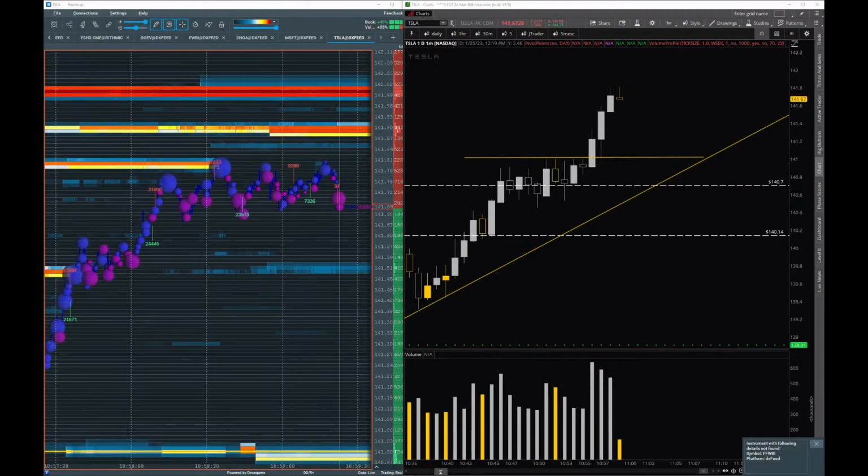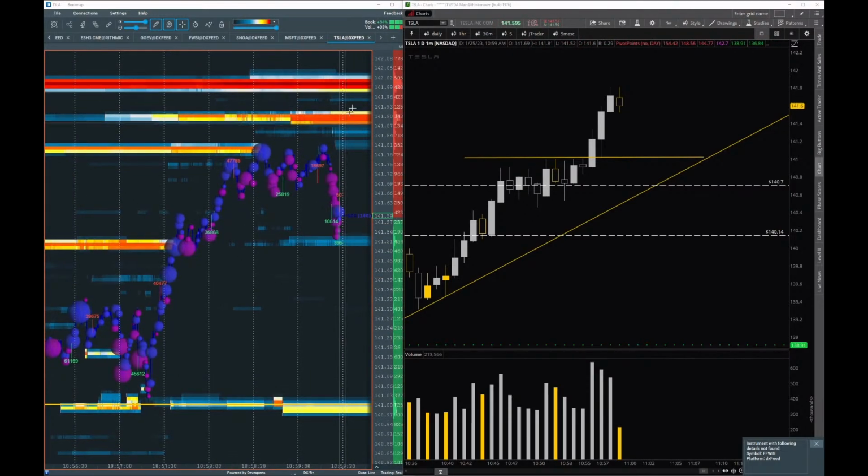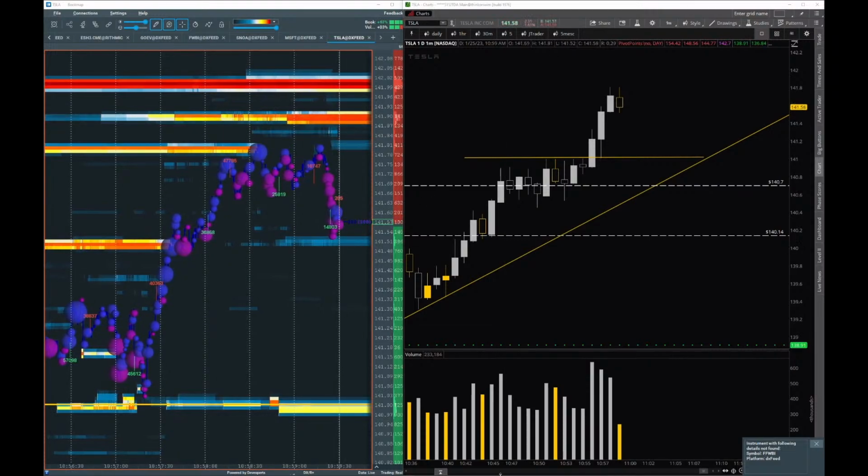Another higher low, because over here, so I'm selling at this 142 stack area for resistance, 141.90.